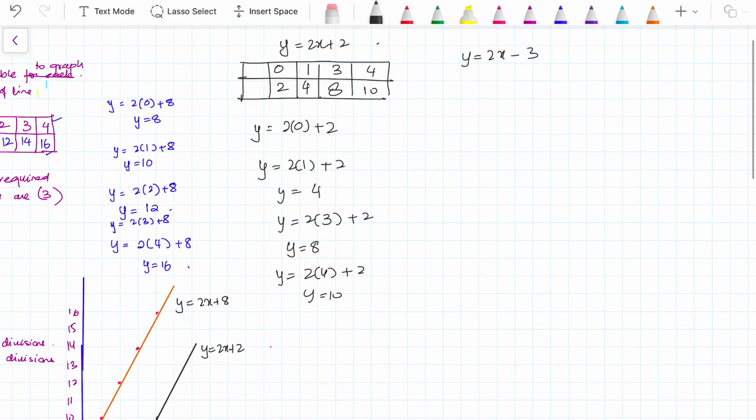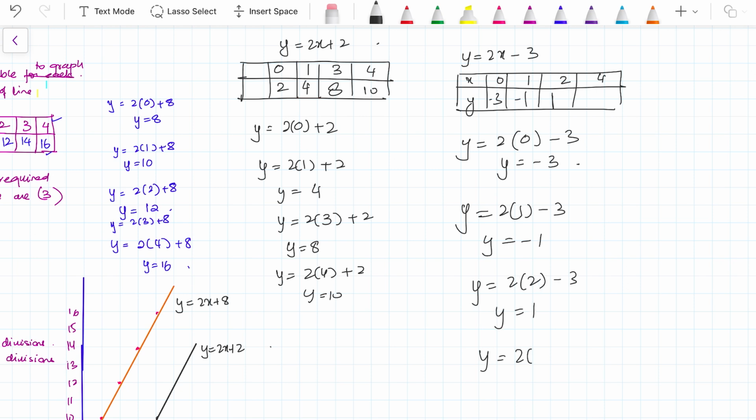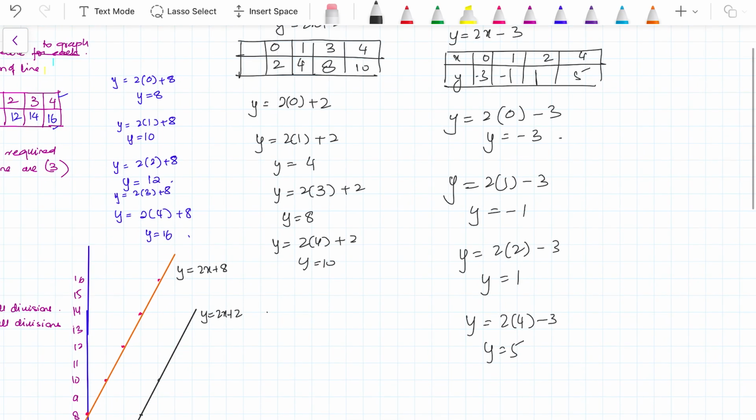Again, we make the same table. So now I've taken 0, 1, 2, 4. Any random points between 0 to 4, but yes, 0 and 4 I'm definitely including. So it's minus 3, minus 1, then 1, then 5. Let's plot these points.